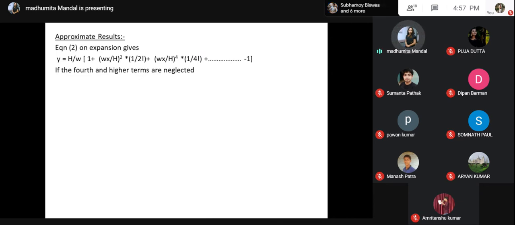So if we neglect the fourth and higher terms, then those terms will be dropped. So this 1 minus 1 will cancel out. So basically y will be equal to h by w into w squared x squared by 2h squared.